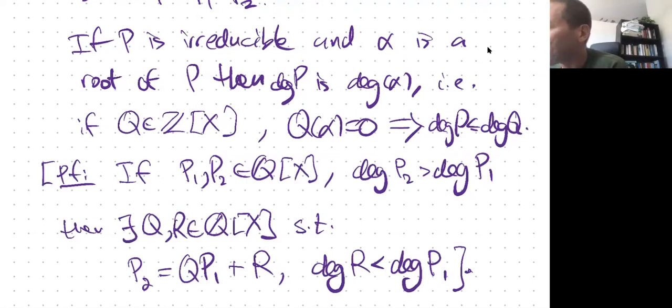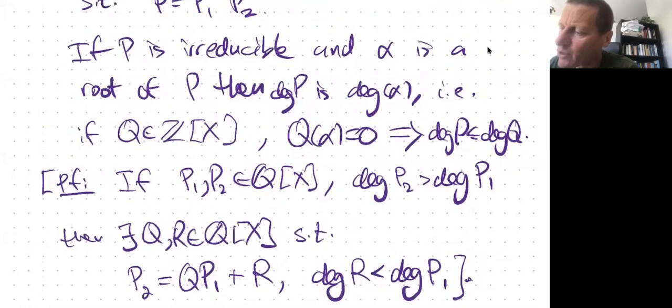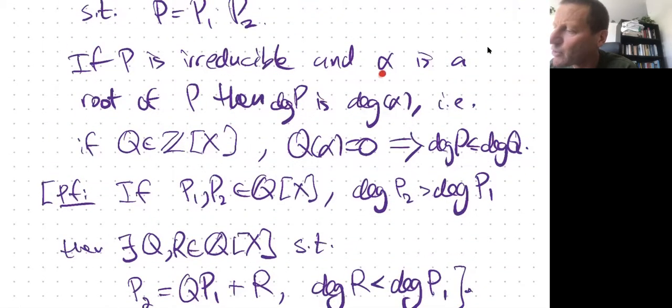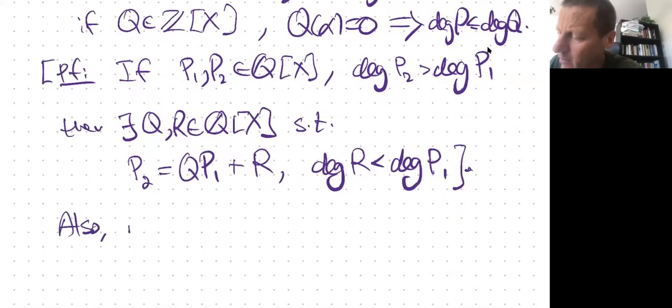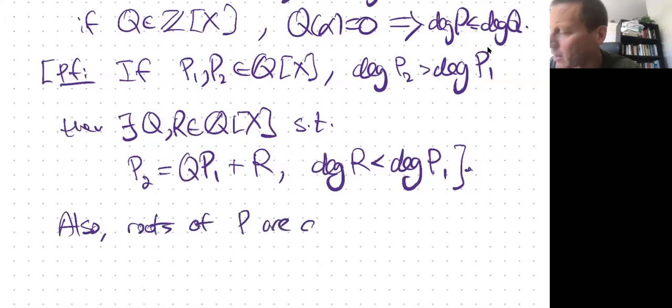Another thing we know is if we have this irreducible polynomial and we look at its roots, the roots have to be distinct. So also, the roots of p are distinct.